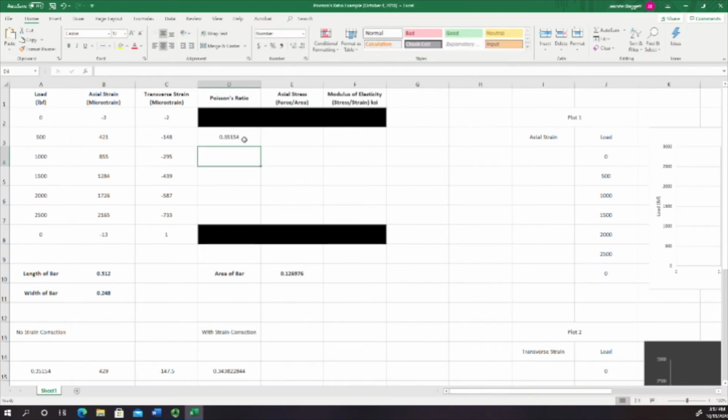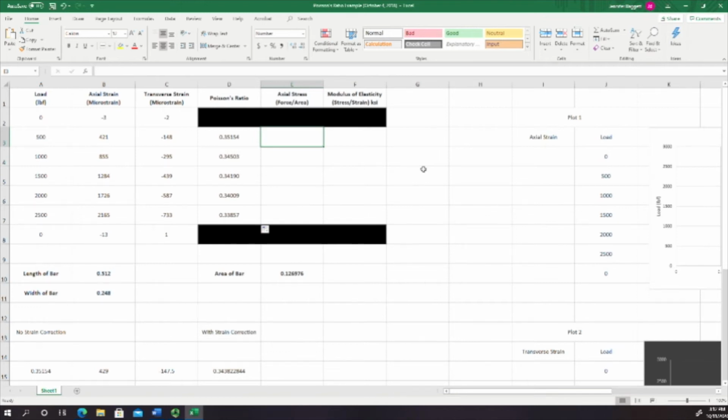Then we get a Poisson's ratio value at our 500-pound load case of approximately 0.35. We can take this little black cross at the bottom corner and drag it down, and that will give the values for our remaining load cases. That's how we calculate our Poisson's ratio section.